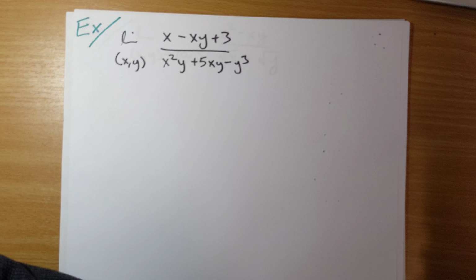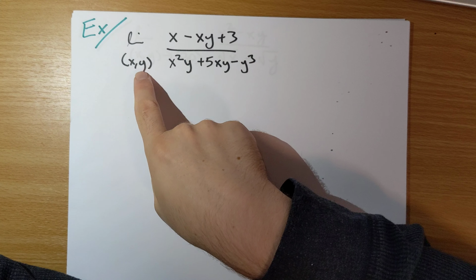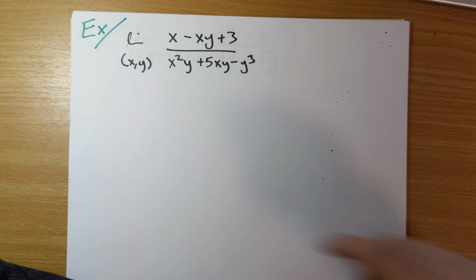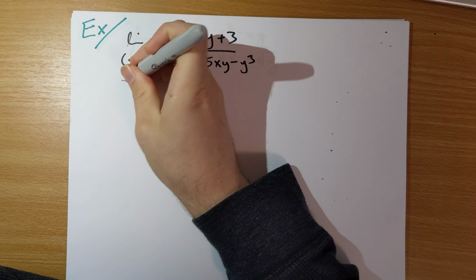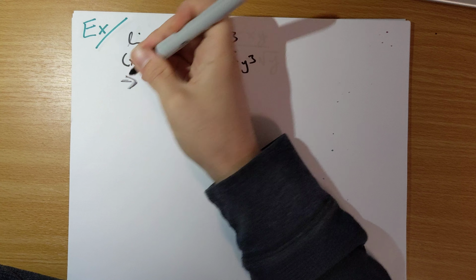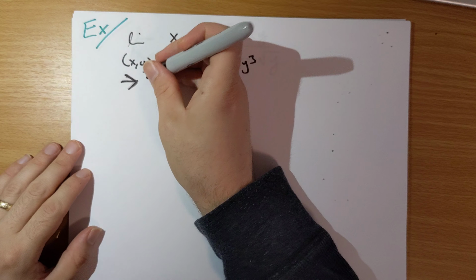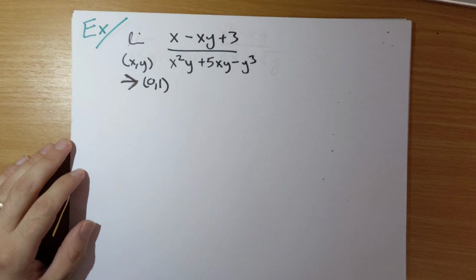Later on, we'll go into the limits that really get into what makes things so interesting with multivariable calculus limits here. So this first example: the limit as (x,y) goes to the point (0, 1), that's important.